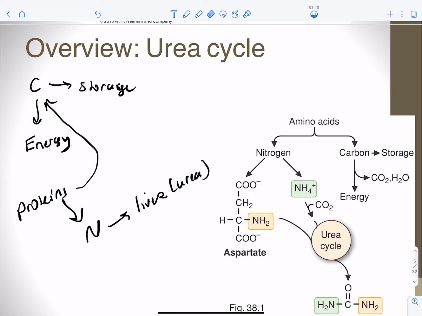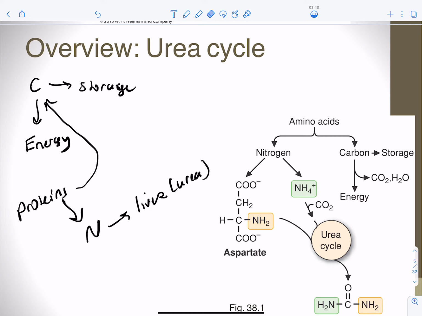All right, so sources of your nitrogens for your urea cycle are through deamination reactions. And keep in mind that these are reversible.